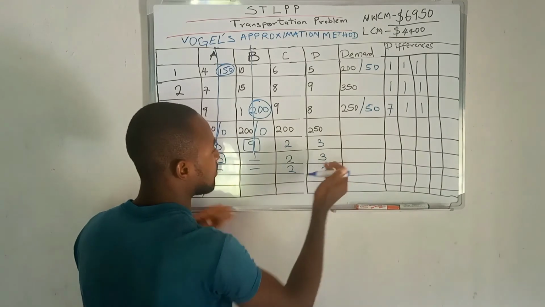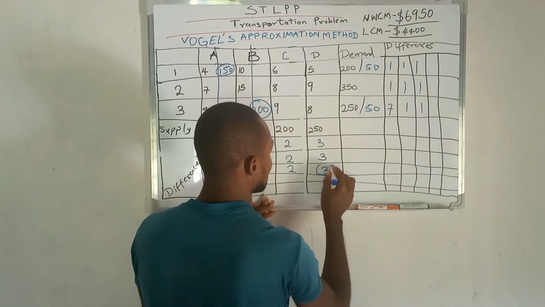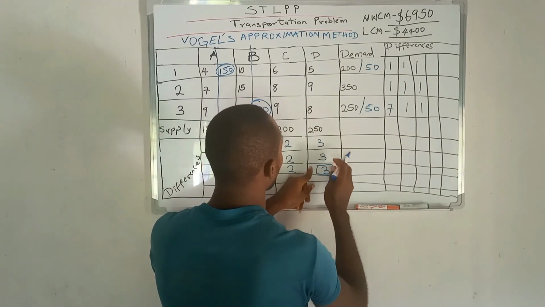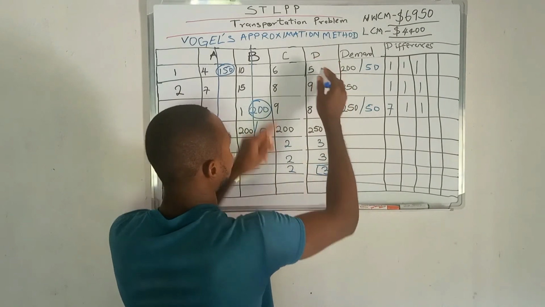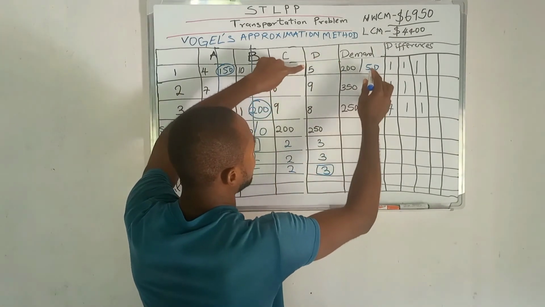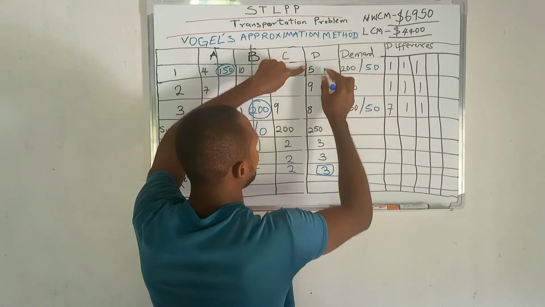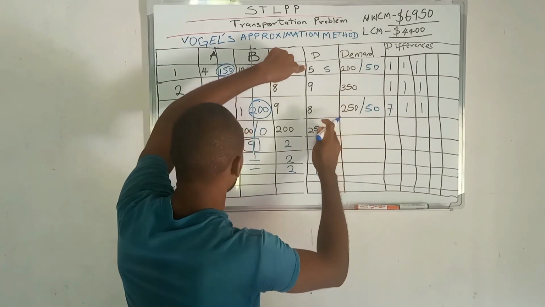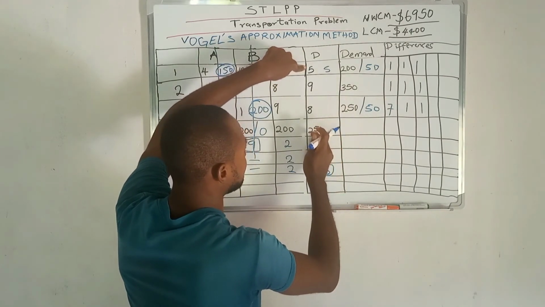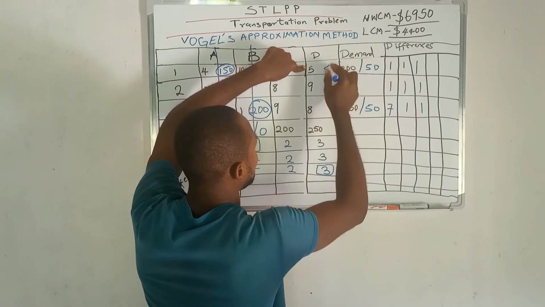So in the third differences, we have 3 as the biggest. So we pick this place, we pick 3, and then we check in this column what's the smallest cost here. It is 5. So we have 5 here, and right here we have 50 goods. We have 50 goods here, and the supply units, we have 250. So we supply 50 to them.